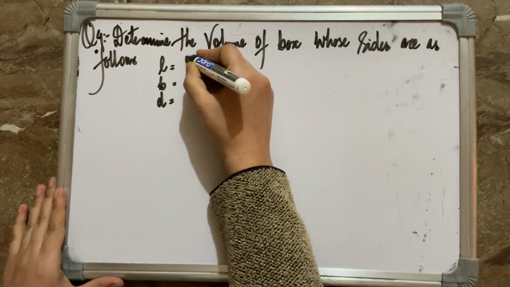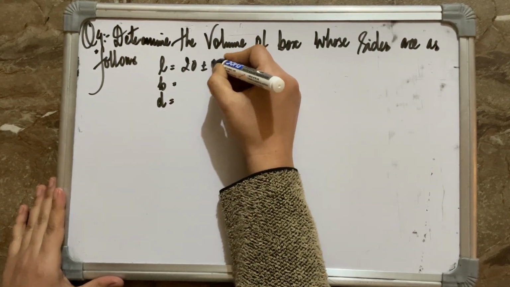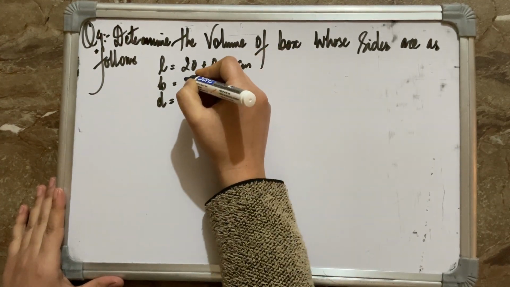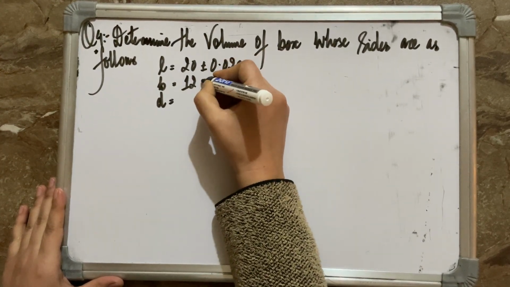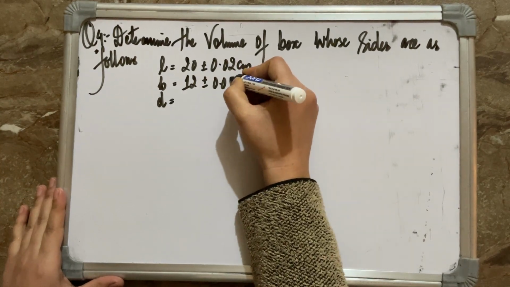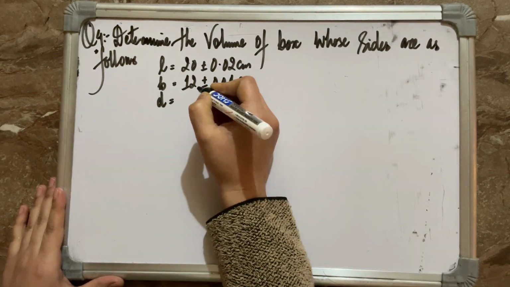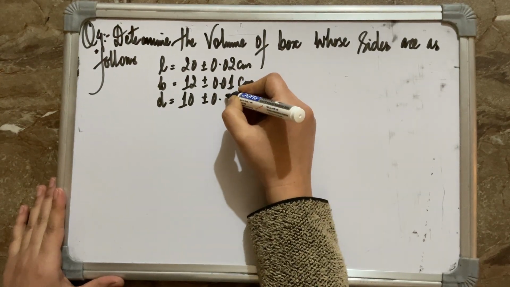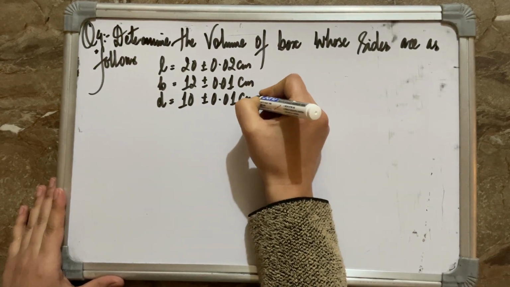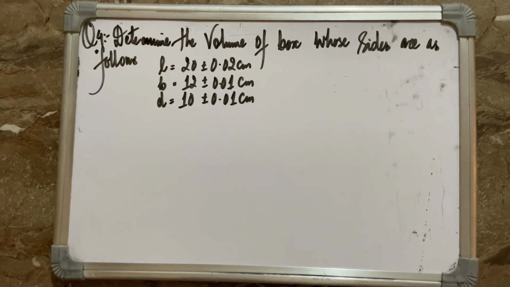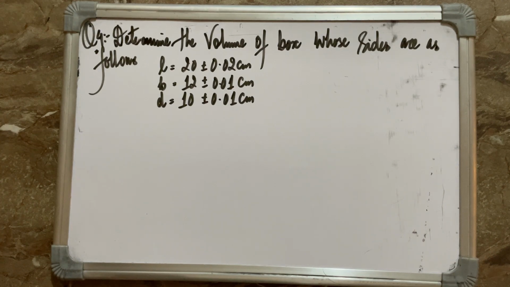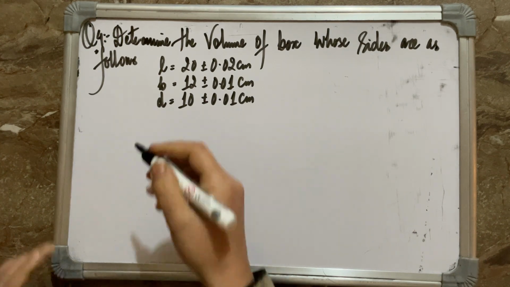Length is 20 plus minus 0.02 centimeters. Breadth 12 plus minus 0.01 centimeters, and depth is 10 plus minus 0.01 centimeters. So the dimensions of the corresponding sides and the standard error or the probable error in each of those sides have been provided. We have to calculate the volume of the box.